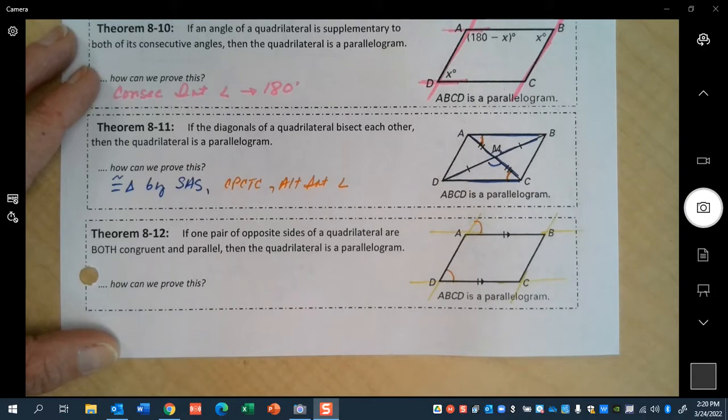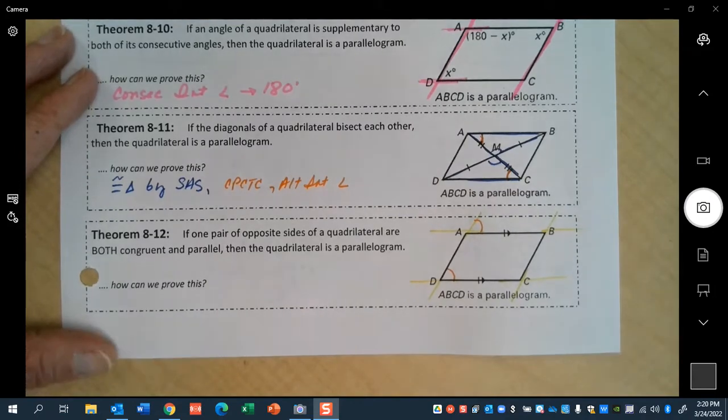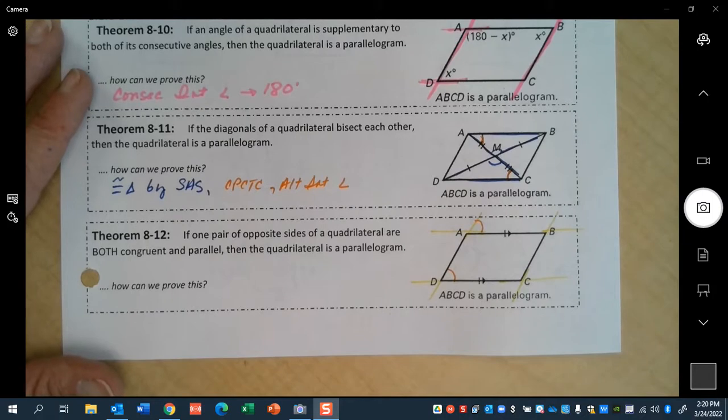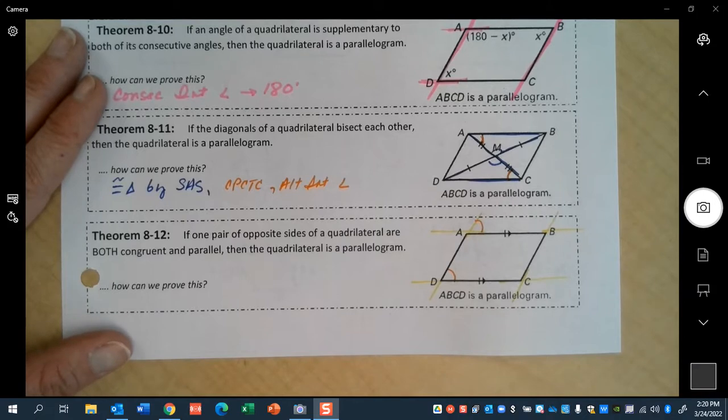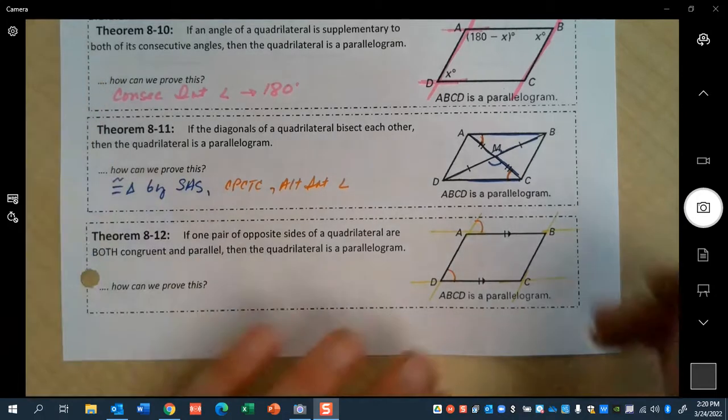And then we know that angle ABA is congruent to angle ABC because they're opposite interior angles.